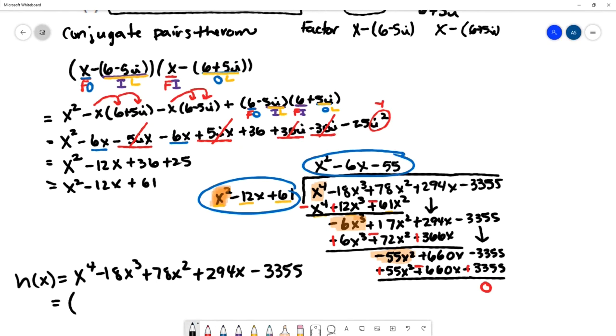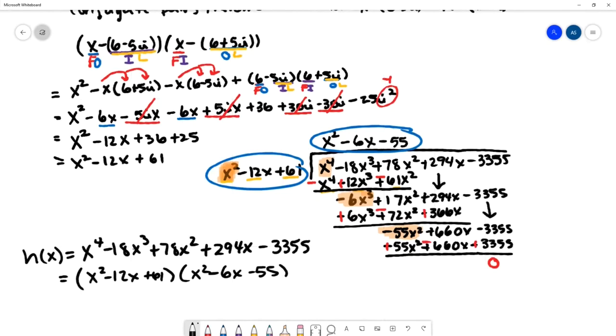This factors into x squared minus 12x plus 61 times x squared minus 6x minus 55. We already know the solutions to this one. That's where we got our zeros of 6 minus 5i and 6 plus 5i.